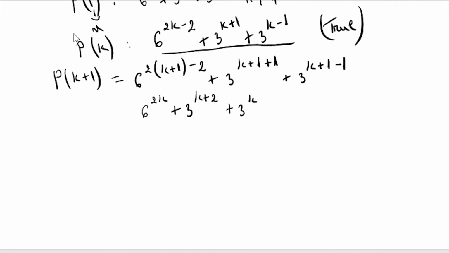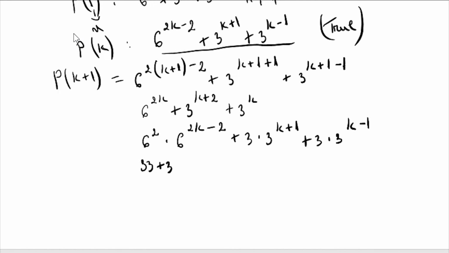Results furthermore that 6 to the power of 2 multiplied with 6 to the power of 2k minus 2 plus 3 multiplied with 3 to the power of k plus 1 plus 3 multiplied with 3 to the power of k minus 1. Furthermore, we have 36 plus 3, we factorize now, multiplied with 6 to the power of 2k minus 2.